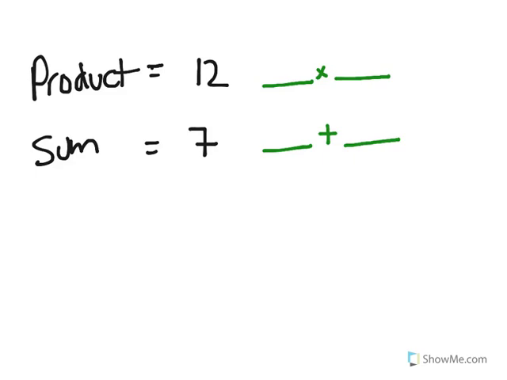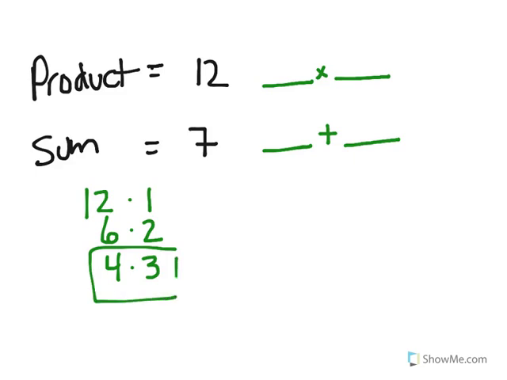There's only a few ways to get 12: 12 times 1, 6 times 2, 4 times 3. Which set of numbers is going to add up to 7? Right here. 4 times 3 gives me 12, and 4 plus 3 gives me 7. Okay, let's try another.